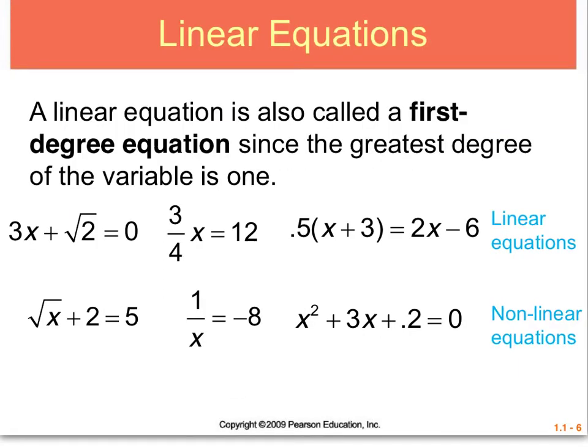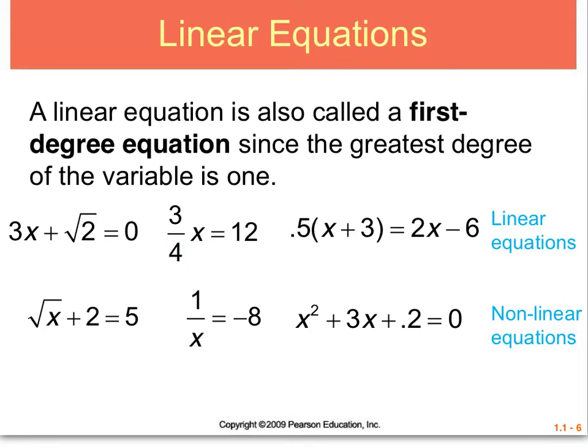Something that we do need to be able to do, and we may not be familiar with, is to be able to identify an equation as linear or something else just by looking at that equation. And I can do that and tell whether something's linear or not, because linear equations are also called first degree equations, meaning that your variable's greatest exponent is 1.